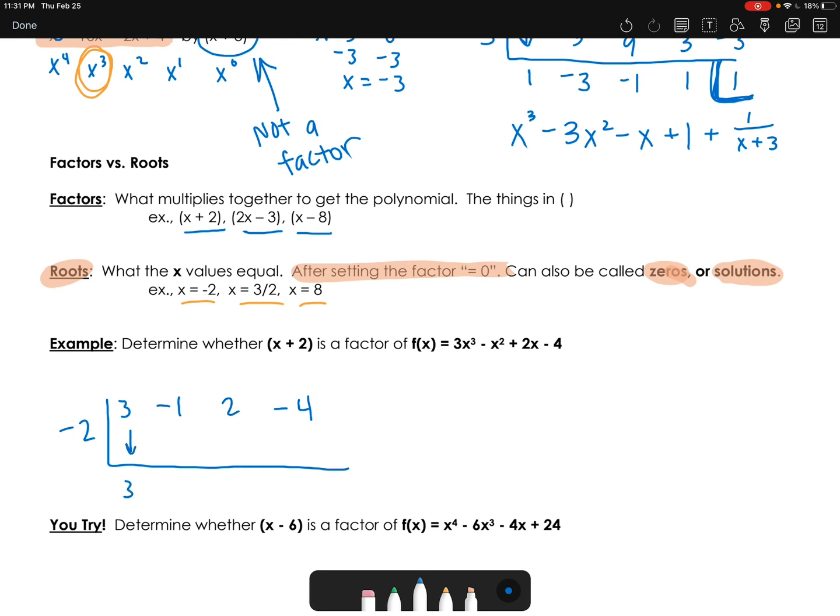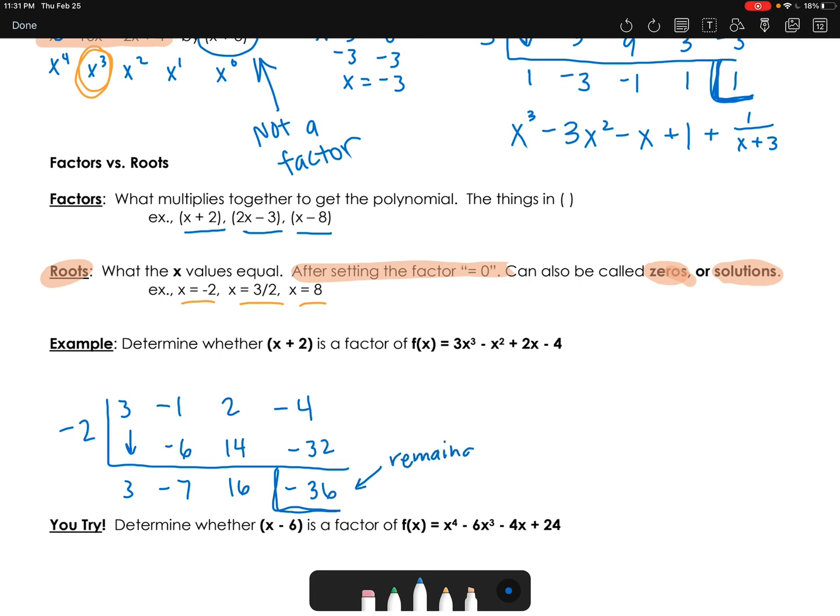Okay? I'm going to work through the synthetic division. 14, 16, -32, -36. And remember, this last number, this is our remainder.